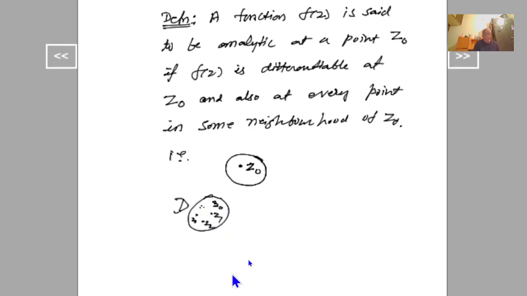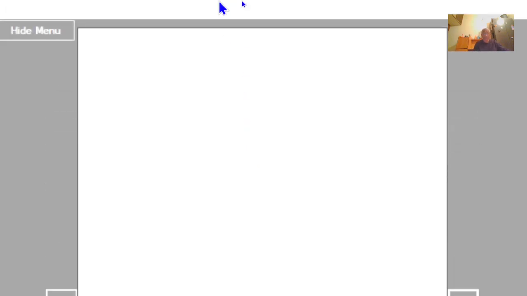Now we'll go for the necessary condition for a function to be analytic. That is here. Before going to that, we define Cauchy-Riemann equations, or simply we write CR equations.